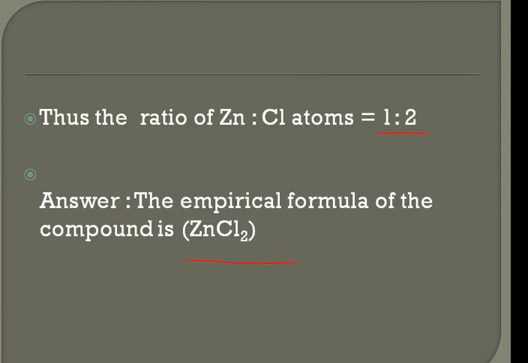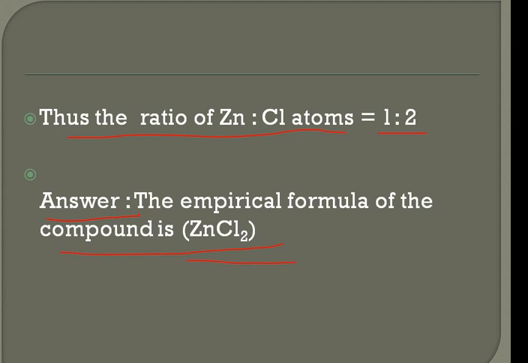The second thing is to write down this line: the ratio of zinc and chlorine atoms is 1:2. And next, write down the answer like this: the empirical formula of the compound is ZnCl2. Write this in the form of a conclusion or as your answer. Whichever you want is up to you.